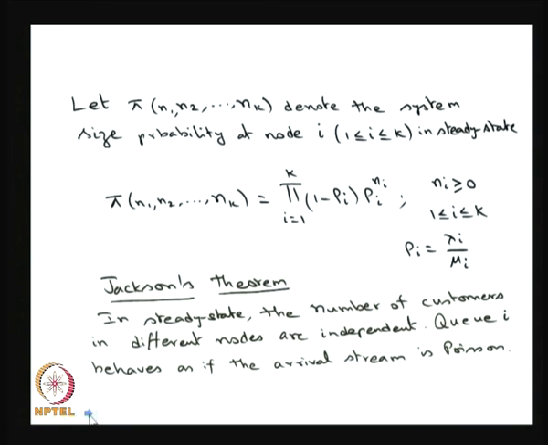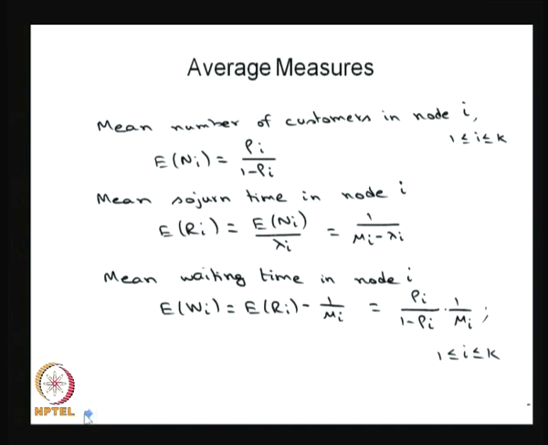Once you know the lambda i's, check whether lambda i divided by mu i is less than 1, then the stationary distribution exists. Using the Jackson theorem, the joint distribution, that is the stationary distribution, is of the product form solution, assuming that each queue behaves as the M/M/1 queue.